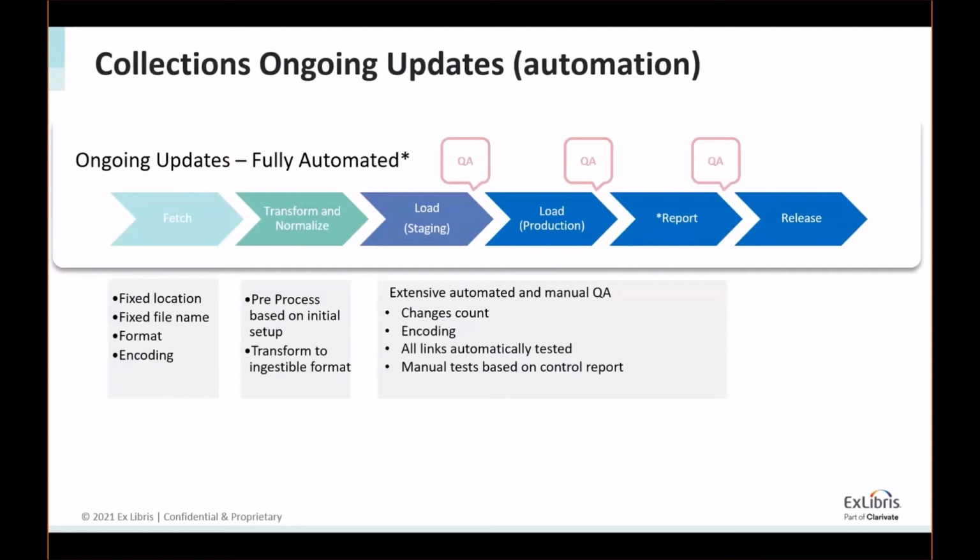And although the automatic update process is a fully automated one, still there are manual checks that are being performed. At the end of the flow here, you can see the phase report.